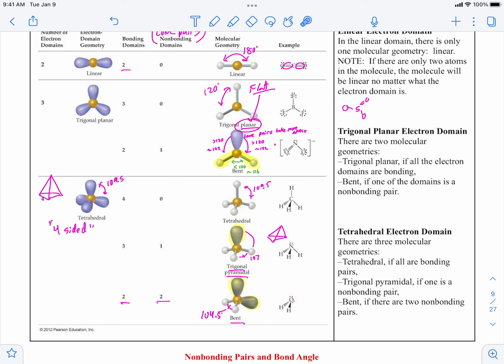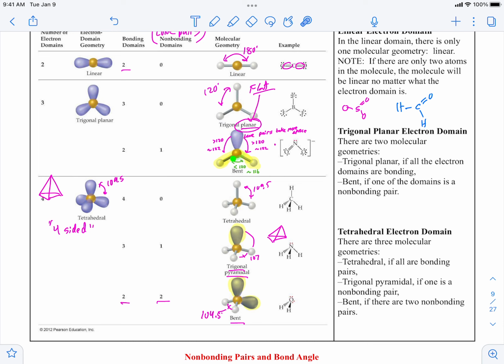Everything's balanced. But if one of these is different, like if I gave you a molecule like this, okay, that's formaldehyde. This is trigonal planar, but the electronegativity of the oxygen is not the same as the hydrogens. So electrons would be pulled more to this side. So this would be polar, whereas this is nonpolar. Does that make sense? Okay.